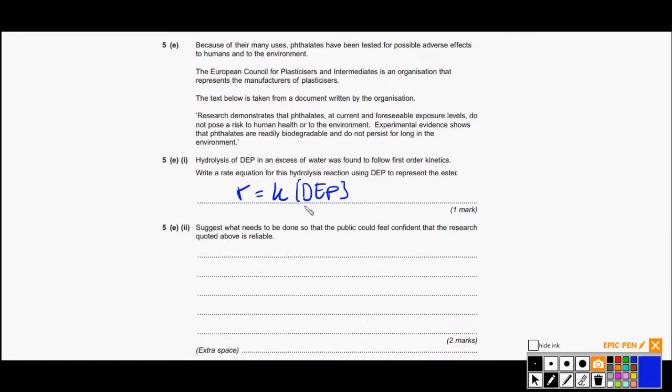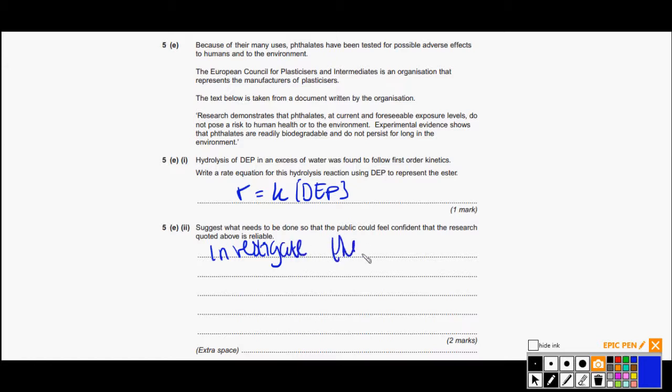The next question is basically a how science works question, so suggest what needs to be done so that the public can feel confident that the research is quantitative and reliable. And this is just one of those cases where you have to learn what the mark scheme wants. So you could write, you can investigate the products.